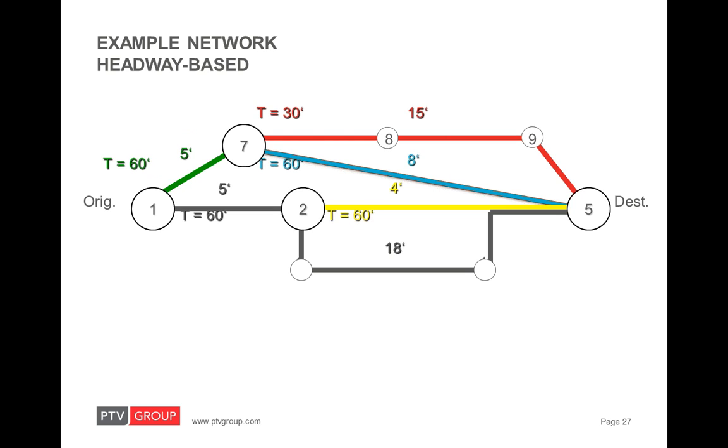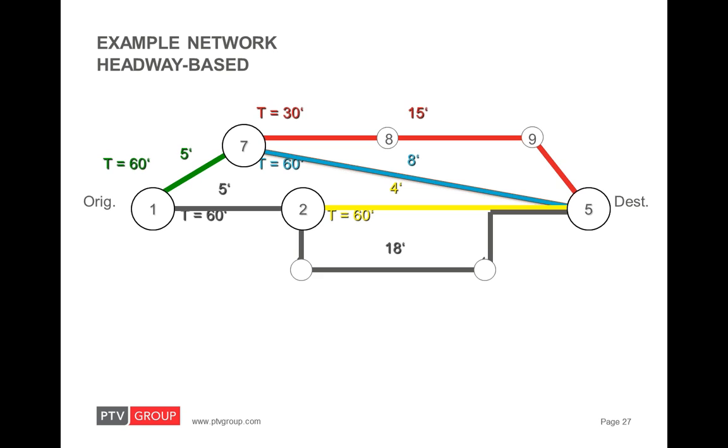If we look at this from a headway-based point of view, it's more difficult for us to evaluate which connections are attractive and which are not. The main reason for this is that we do not exactly know how much time it takes for transfers. And this is the main difference between timetable-based and headway-based assignment.